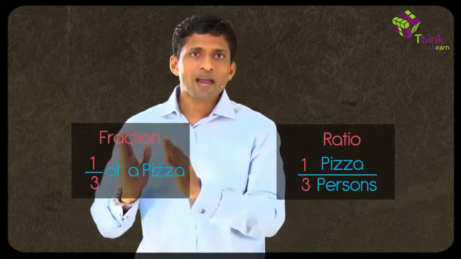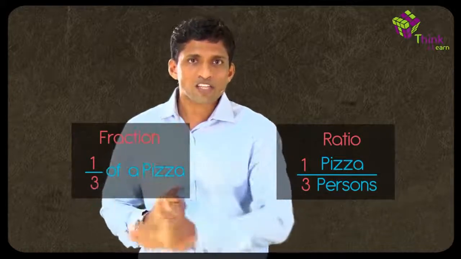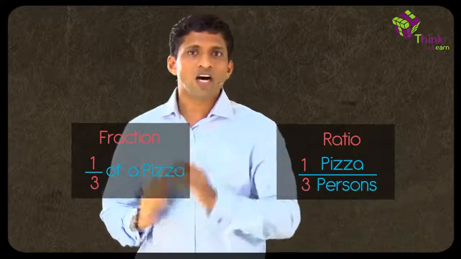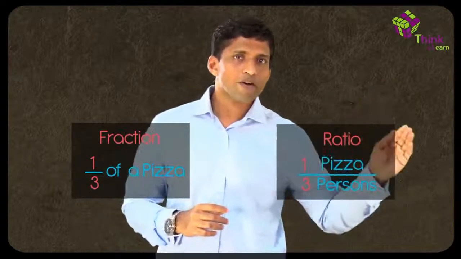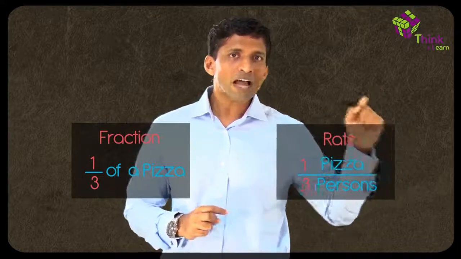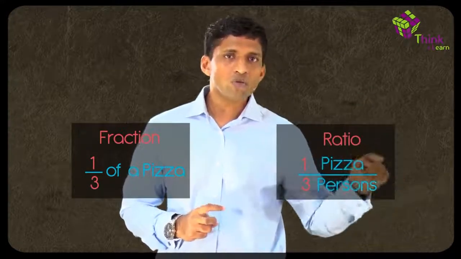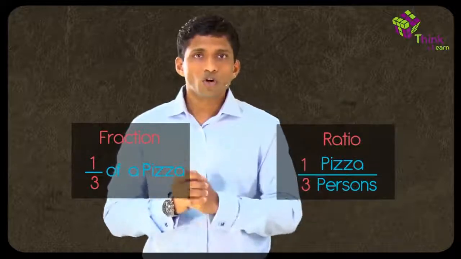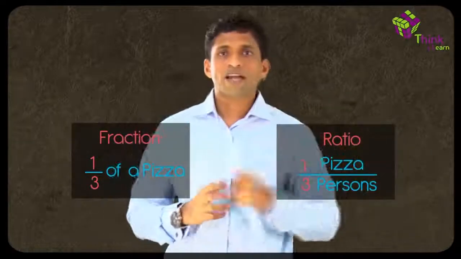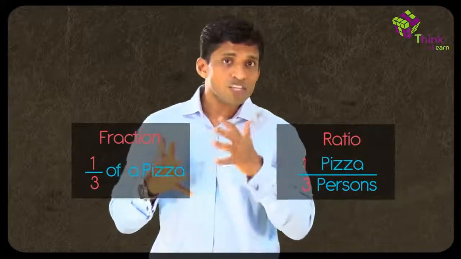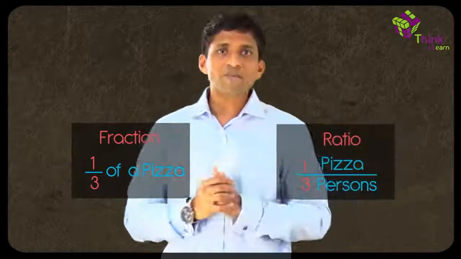I can write 1 by 3 of a pizza. Here we consider this as a single number. In this case, 1 pizza to 3 persons, numerator and denominator refer to two different things. So mathematically, this is 1 by 3, this is also 1 by 3, but by using numbers, they are exactly the same.